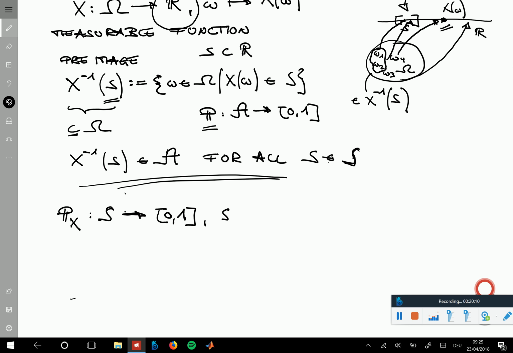So each S gets allocated a probability P_X.